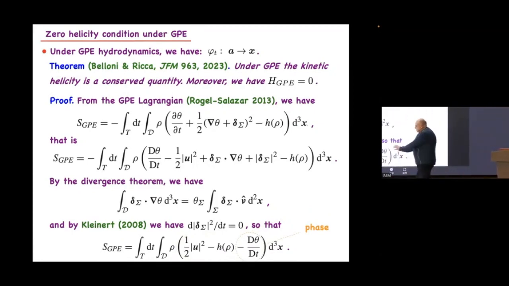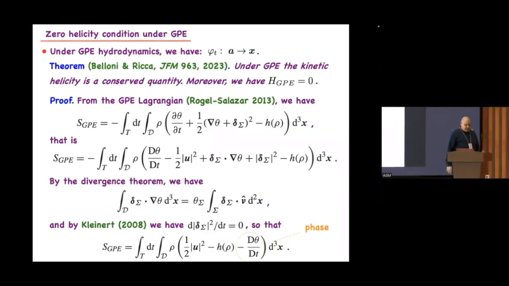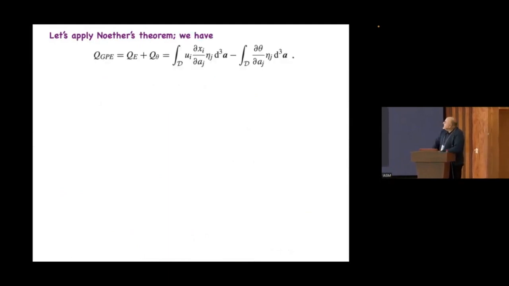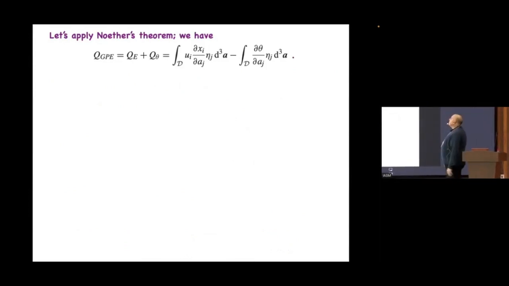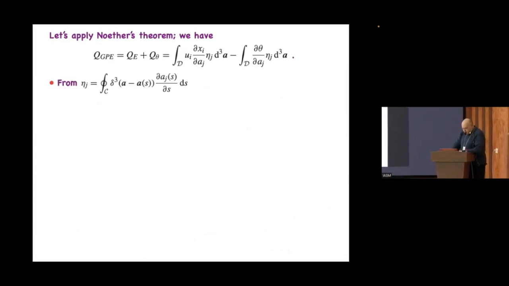So you split this action into parts, and by variation of the action, you can apply another theorem to look for the charges. So the charge of the GPE is made of 2 quantities. One you can recognize as, let's call it an Euler charge, and the other part is due to the theta contribution.